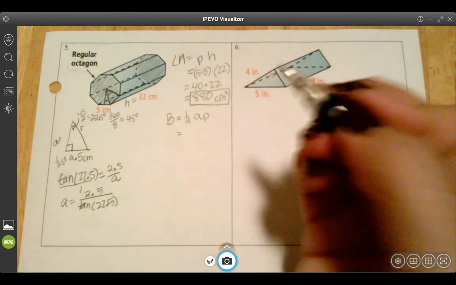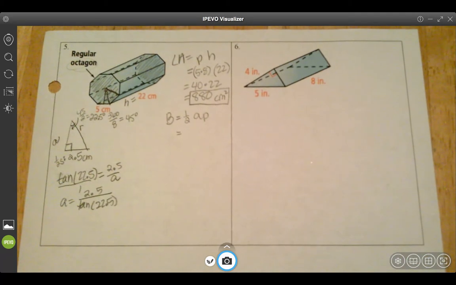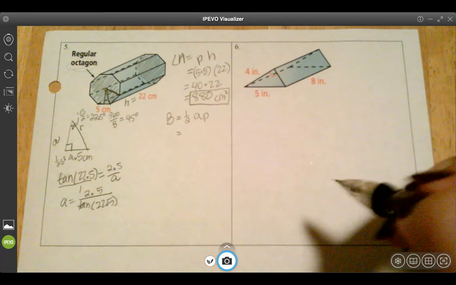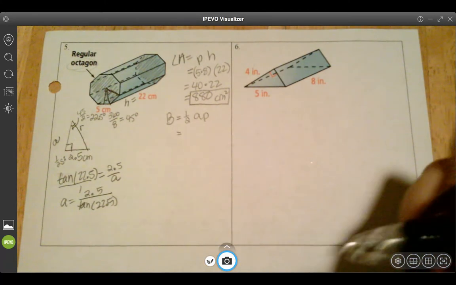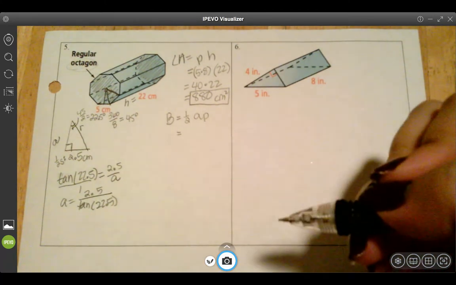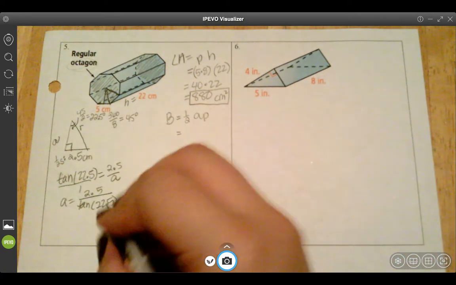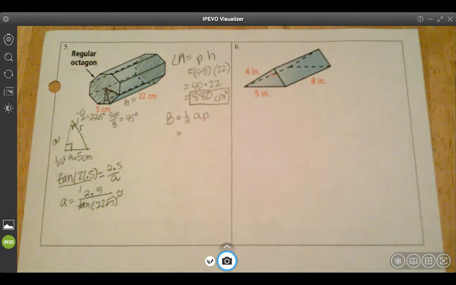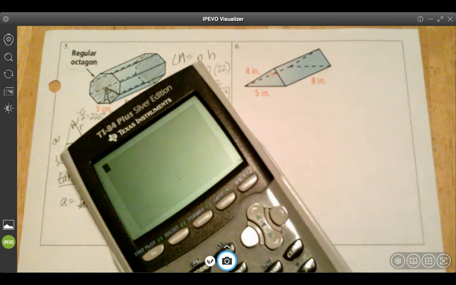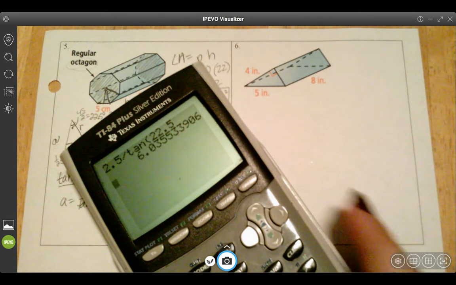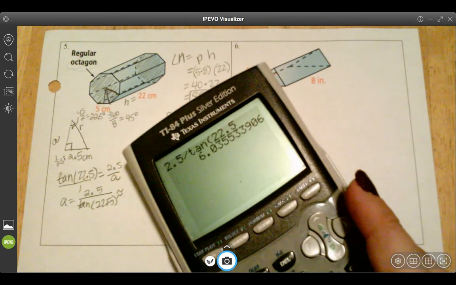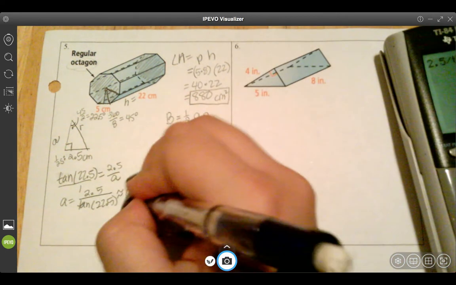Now you can estimate that in your calculator, but again, we want this as exact as possible. If you calculate that in your calculator, you want to store it and continue to use that exact value. So this is approximately, if I put 2.5 divided by tangent of 22.5 in the calculator, 6.03 or 6.04.